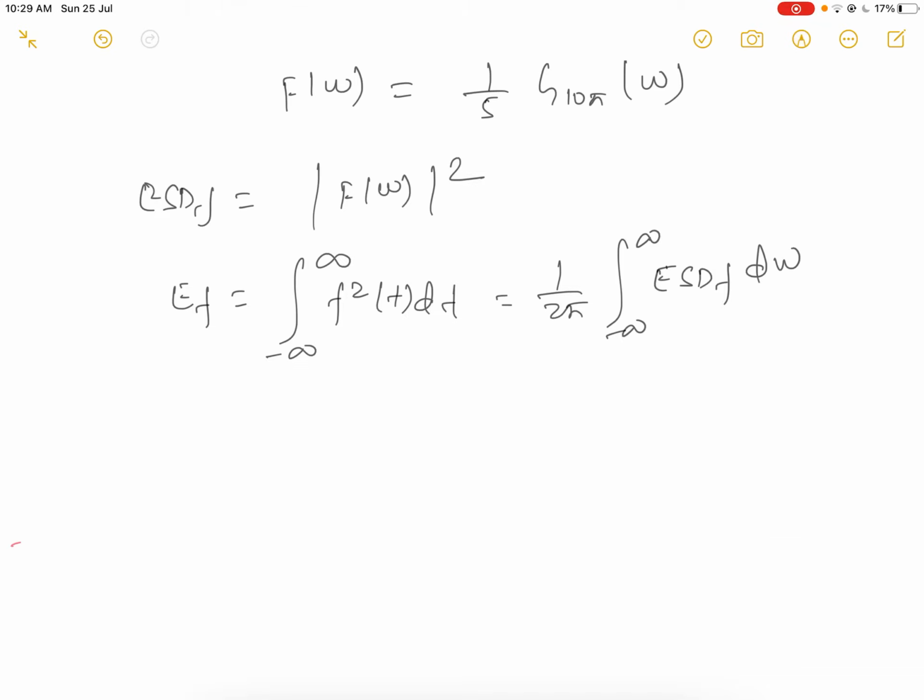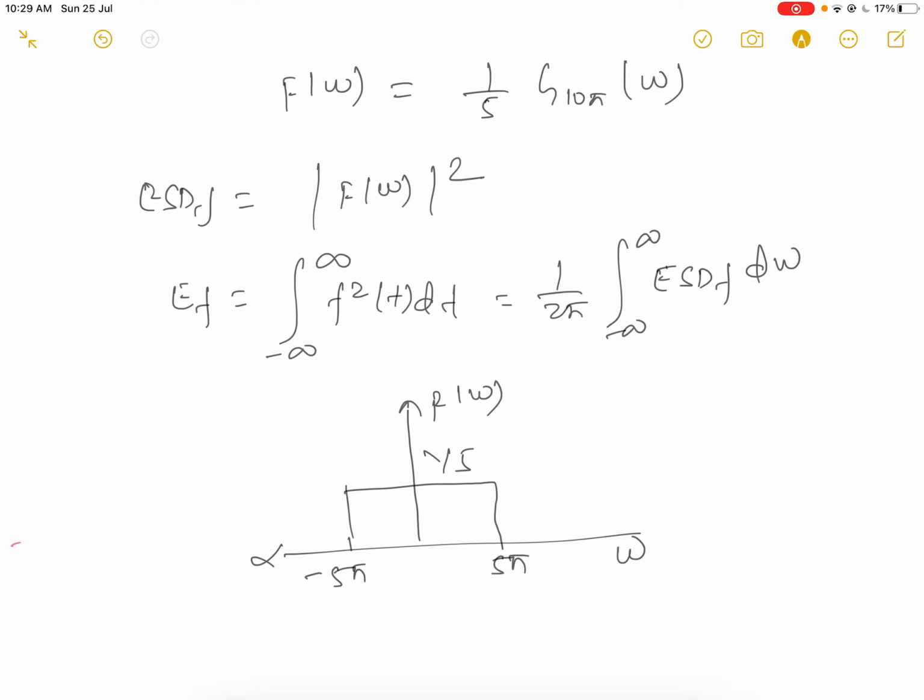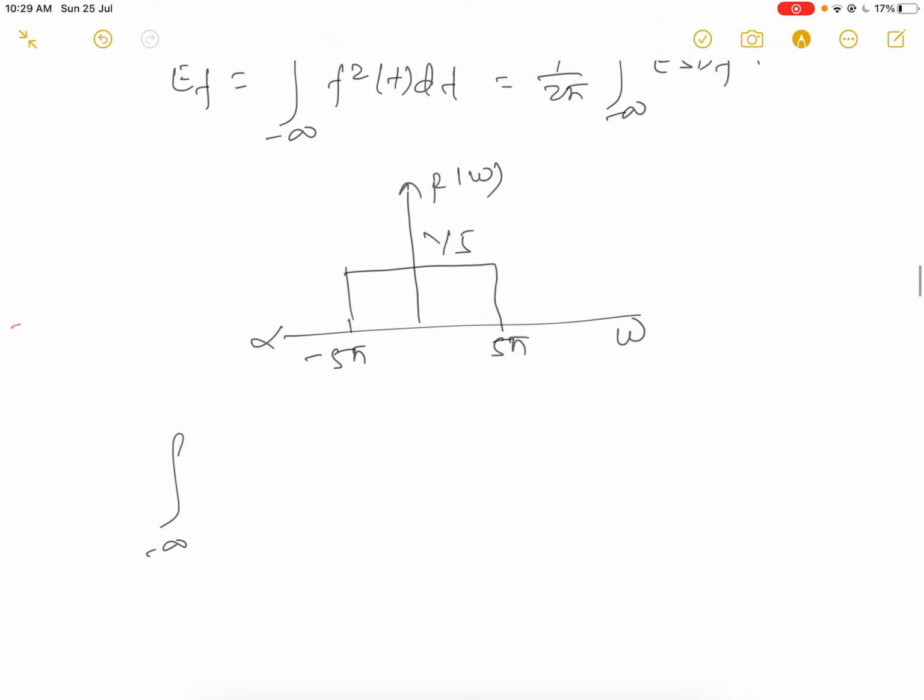So F(omega) will be, draw it, and take 1 by 5 from minus 5 pi to 5 pi in the omega term.